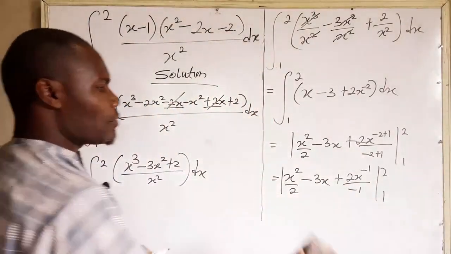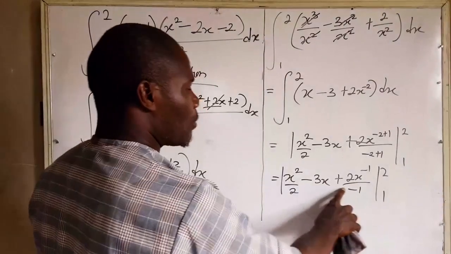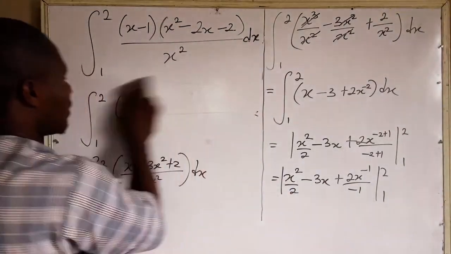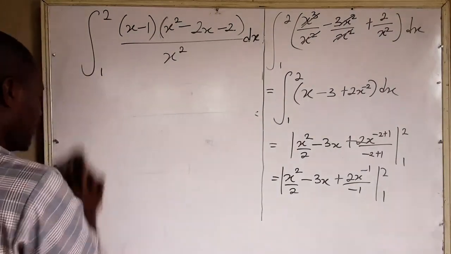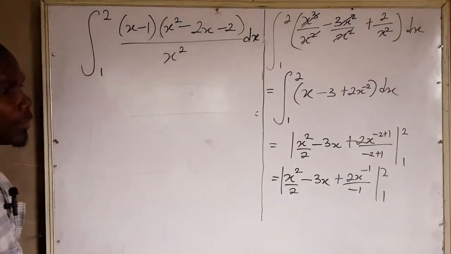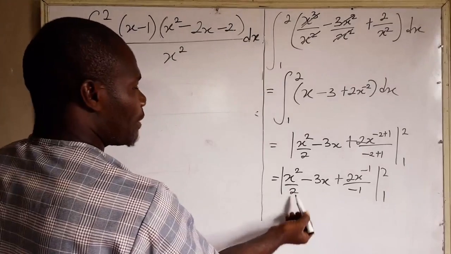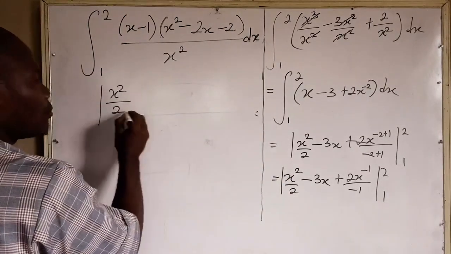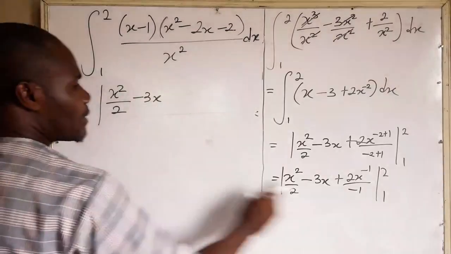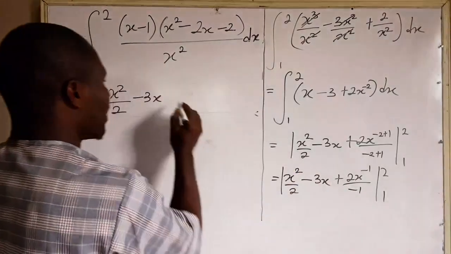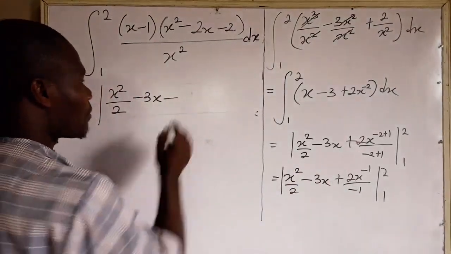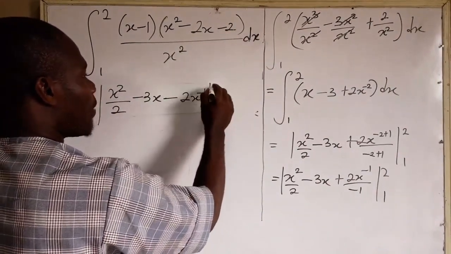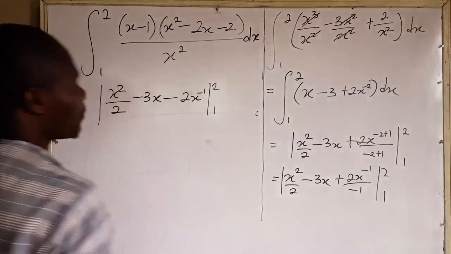So therefore, we are now trying to make this minus 1 divide this plus, to divide the plus to give us a meaningful value. So by the time we divide this, we have x squared over 2 minus 3x, minus divided by plus will give us minus 2x to the power of minus 1, with upper and lower limits.